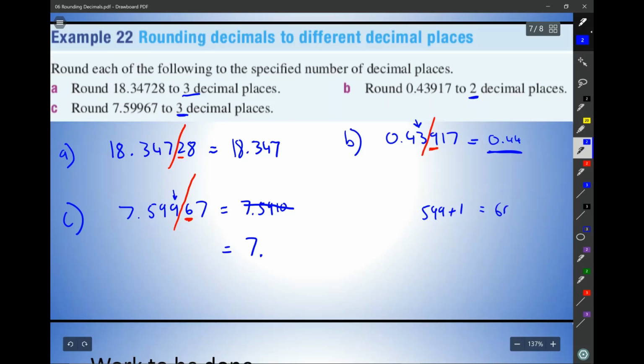Well, it's 600. So that means instead of writing 599, we're now writing 600. This whole number here has increased by 1 because our critical digit is bigger than 5.